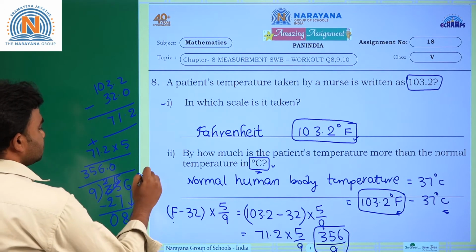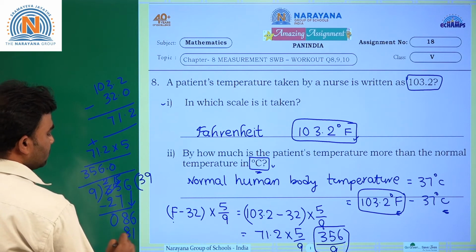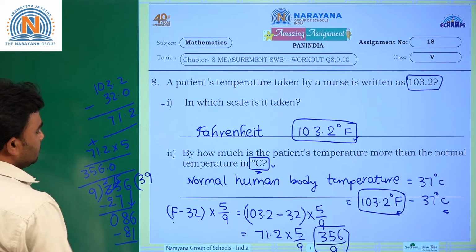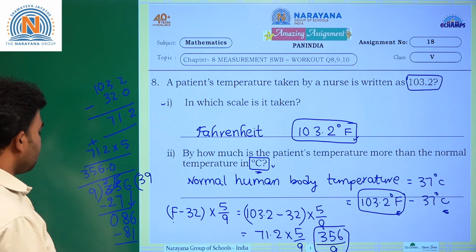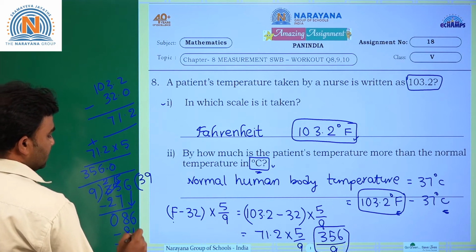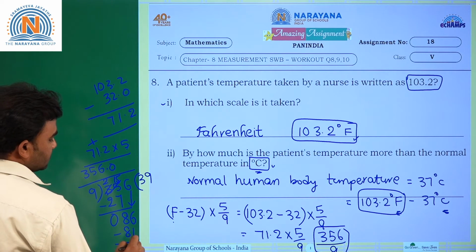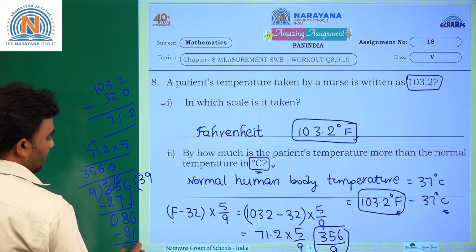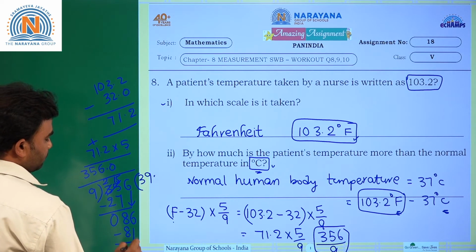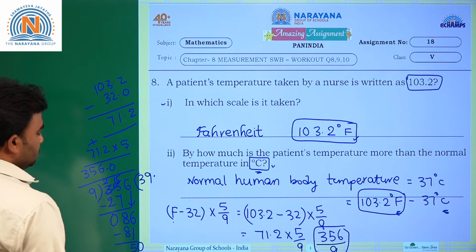9 9's are 81. That means 9 can be subtracted 9 times from 86. Next, 86 minus 81 is 5. Next take the decimal point, then here we get 0.